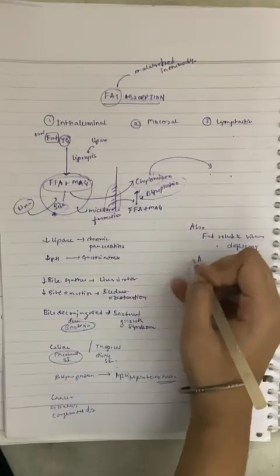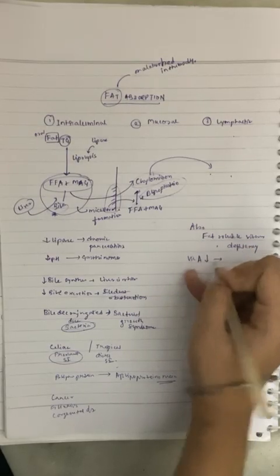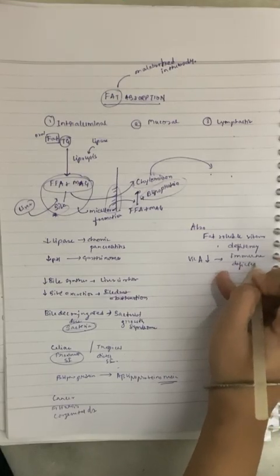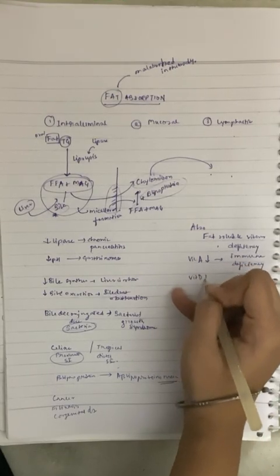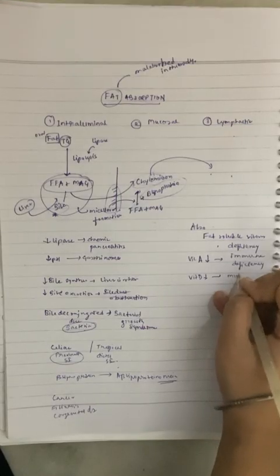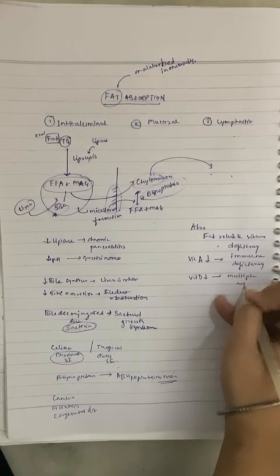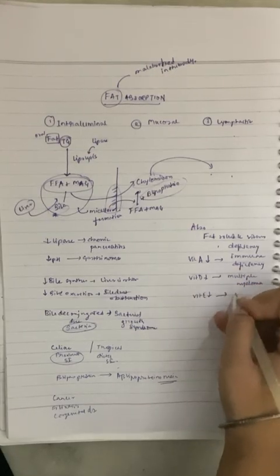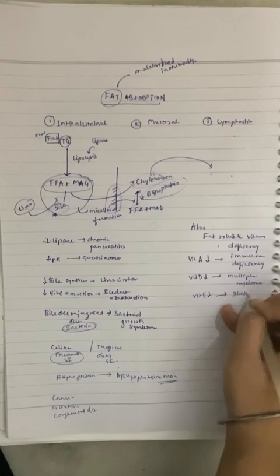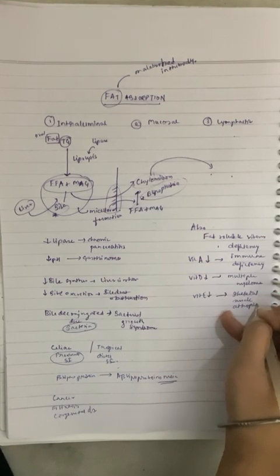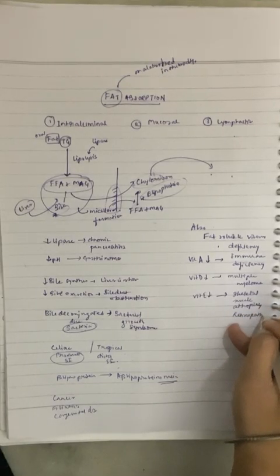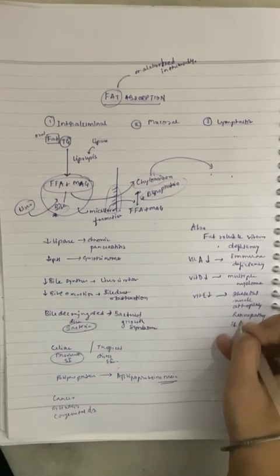What about vitamin A deficiency? It means immune deficiency will be the clinical manifestation. If vitamin D deficiency, it means multiple myeloma is the cause. Then vitamin E deficiency, it could be skeletal muscle atrophy, retinopathy, and spinocerebellar ataxia.